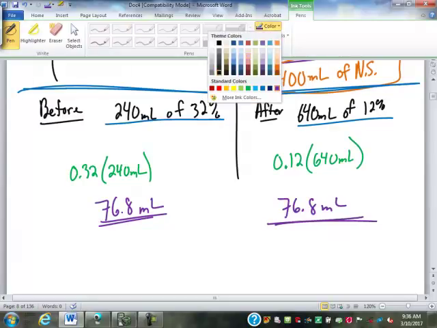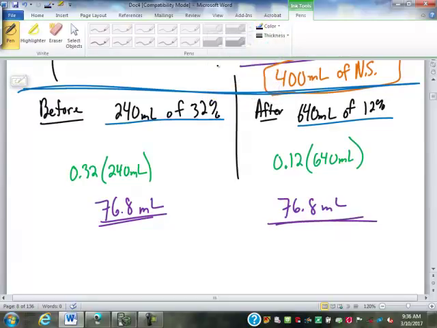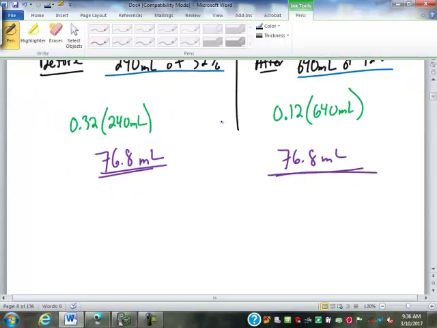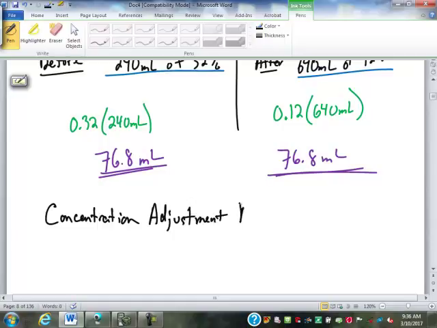So we have something called a concentration adjustment formula. Or sometimes just called change in concentration.